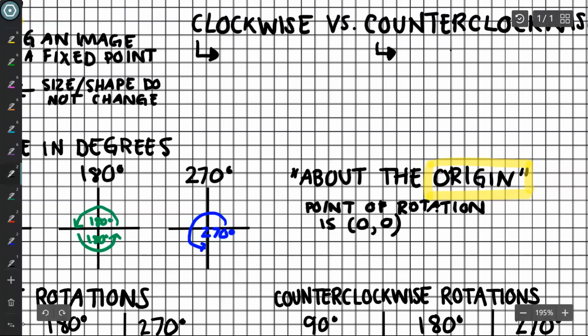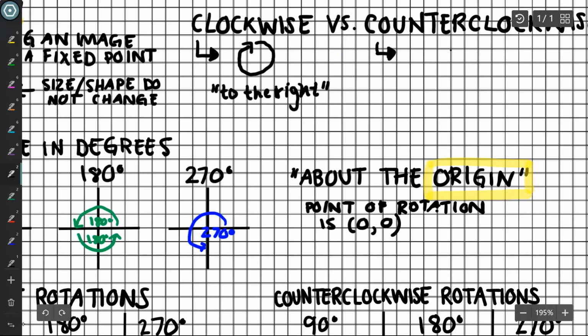Alright, so now we need to talk about clockwise versus counterclockwise, because you're going to get a degree measure and also a direction, and those directions are going to be either clockwise or counterclockwise. Alright, so clockwise is, if we think about a clock, it's going to go from 12 to 3 to 6 to 9 back to 12, and it kind of moves, we're going to say, to the right.